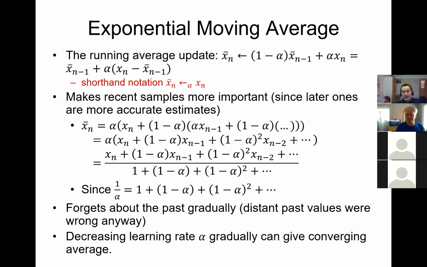Distant past values are wrong anyway for value function estimation. So it's not a simple average, it's an uneven average. More recent values are weighted more than older values. Decreasing the learning rate alpha gradually can give a converging average.